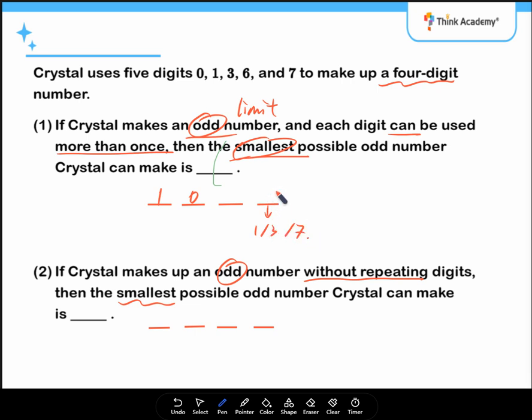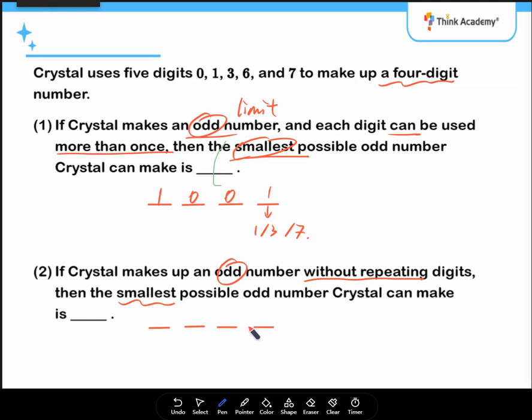So we use the smaller choice, like 1, right? And then for the tens, we can use 0 because it could be repeated, right? As you can see, we need to take those requirements into consideration. That's quite important.